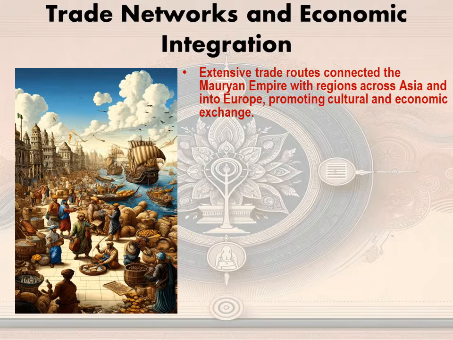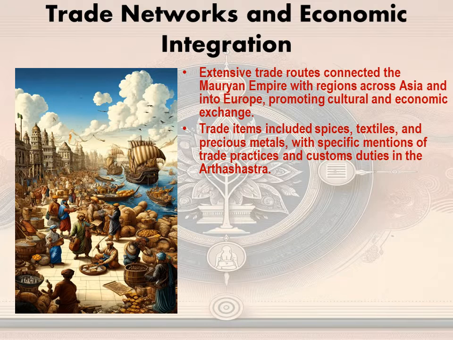So, the Mauryans were connected to almost all the prominent regions in Asia and Europe directly or indirectly through different kinds of trade routes, and thus there was a cultural and economic exchange in the various parts of the then world.